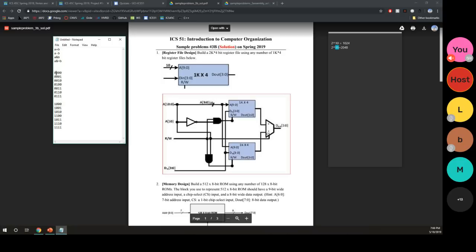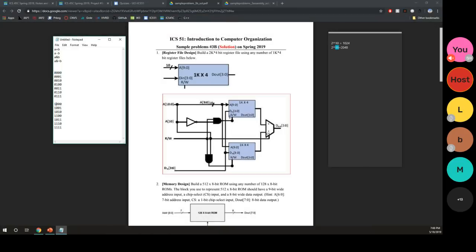The only difference is that first most significant bit, and we use it to choose which register file we're going into. And then I'll explain more of this inverter and everything like that. But does everyone understand? We take that one most significant bit in order to choose which register file.